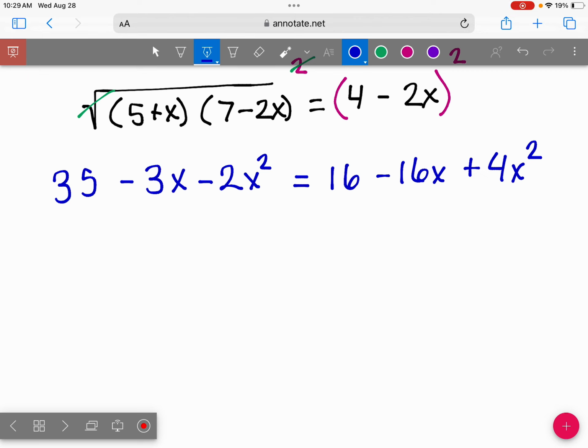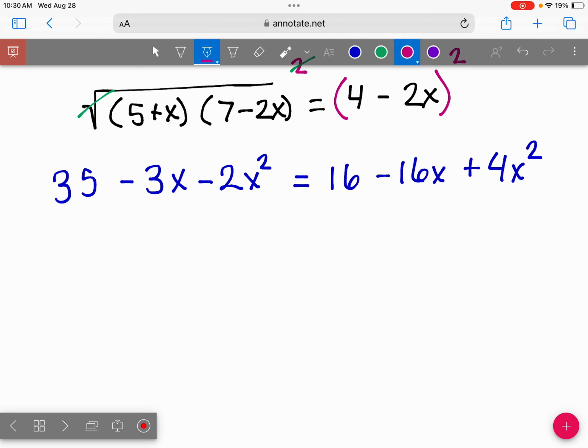Okay. I see x squareds, and we're trying to get a solution. What do we need to do? Set it equal to 0. So I do recommend moving whatever our smaller x squared is because it gives us less negatives. We would like to really not have a negative a value because that makes our factoring so much grosser. So I'm going to move all the stuff on the left over to the right.